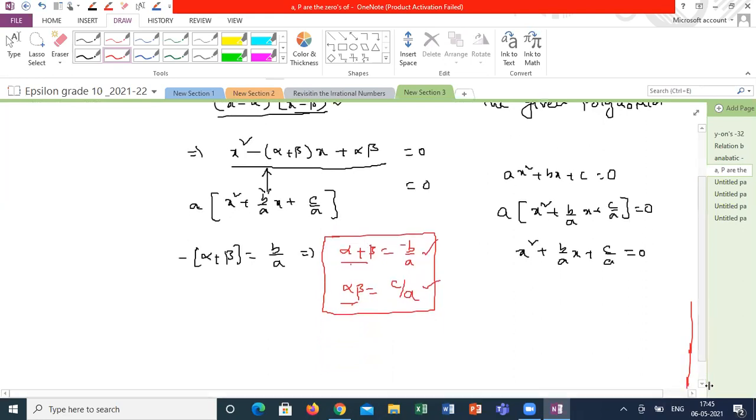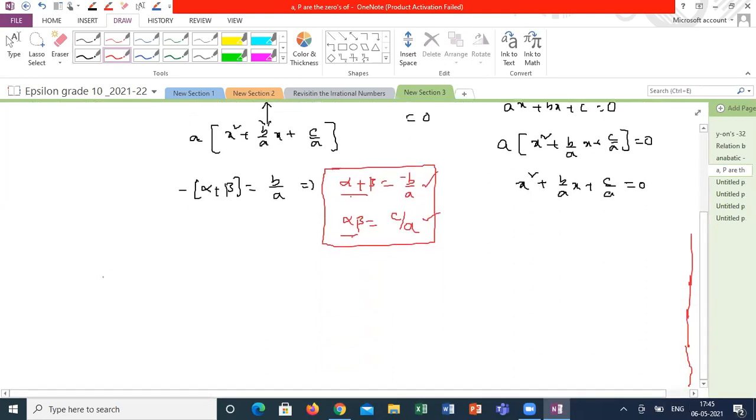The sum of the zeros of a quadratic polynomial, assume alpha, beta are the zeros.